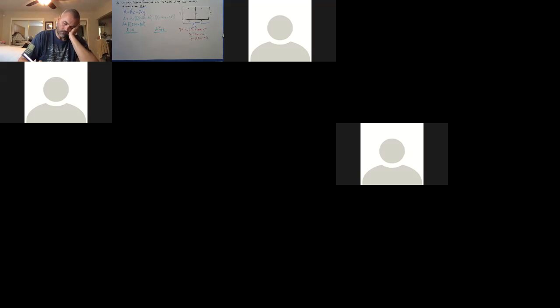So where do we go from here? We take this and we set it equal to 0. So we get 2/3 times 200 minus 8x equals 0. We can multiply both sides by 3/2, that goes away. So we're left with 200 minus 8x equals 0, or 200 equals 8x.